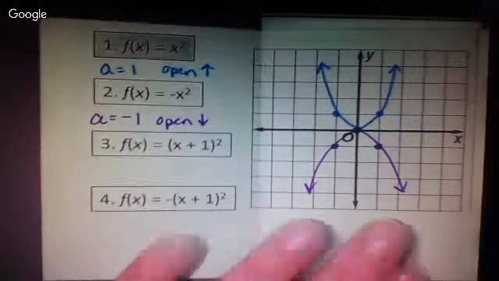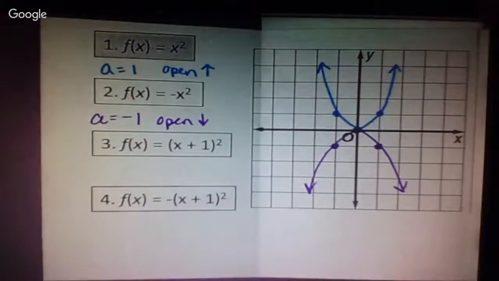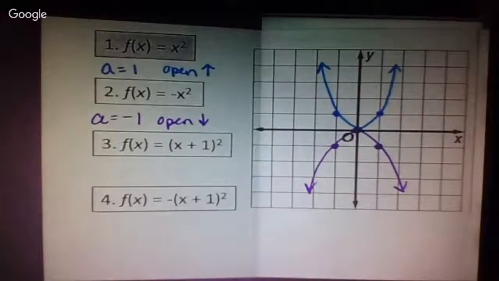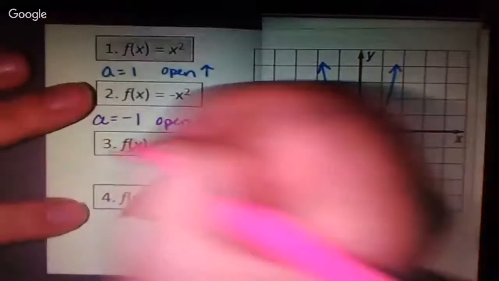Okay, so all that did was make your happy face turn sad. Okay, the next one. Remember, we're doing reflection. So what's my a value in number 3? +1. It's not written there, so it's a +1.